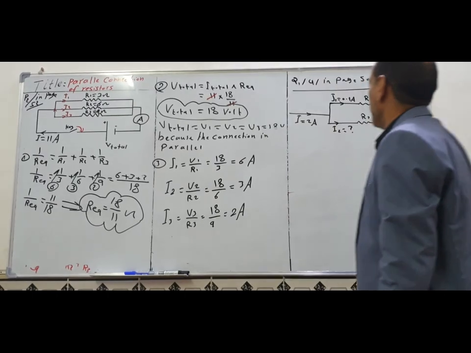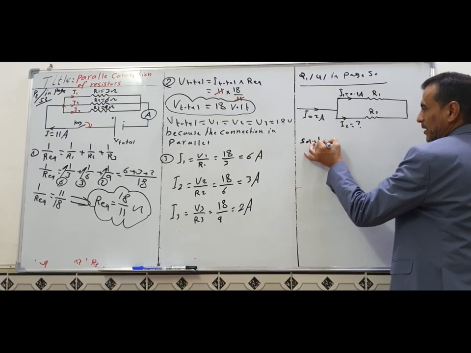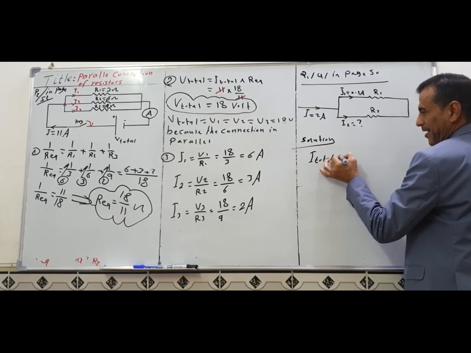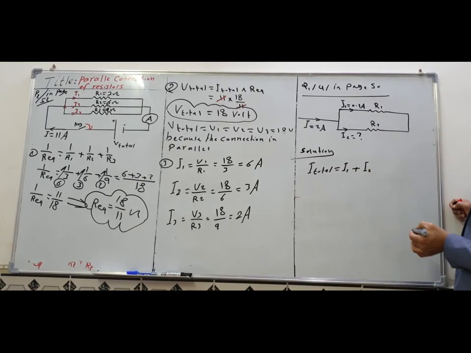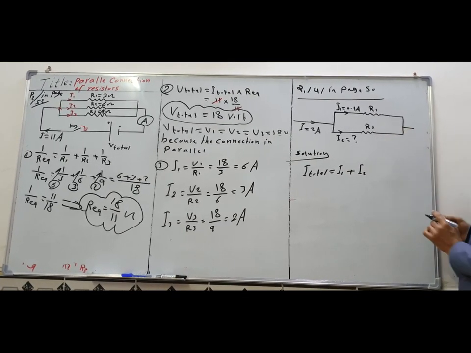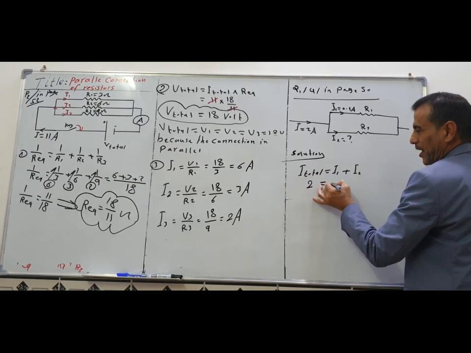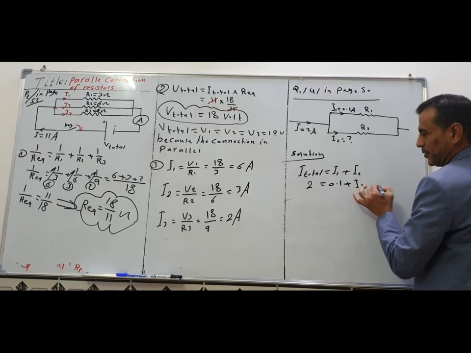Attention. Solution. I total equals I1 plus I2 because the connection is in parallel. I total equals 2, so 2 equals 0.1 plus I2.